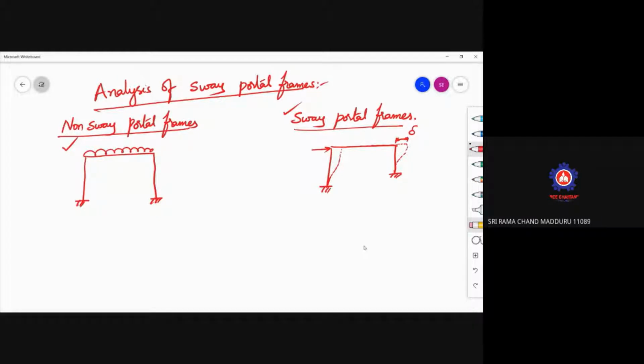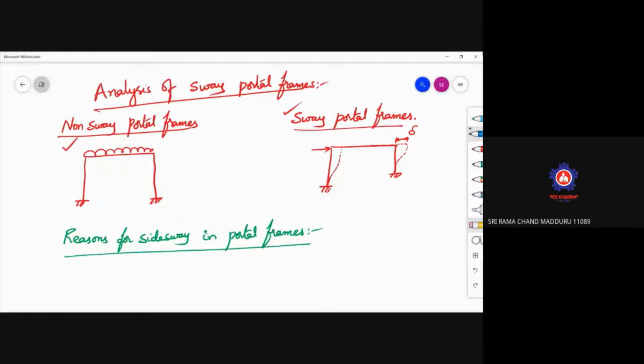Reasons for side sway in portal frames. So what are the reasons that affect the side sway in a portal frame?